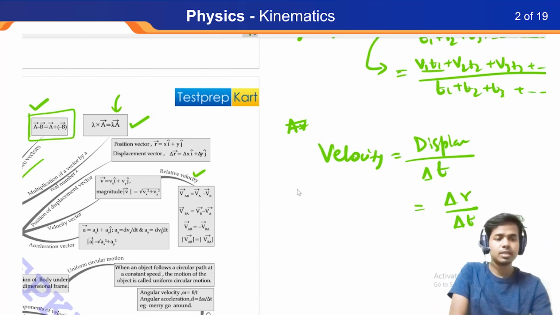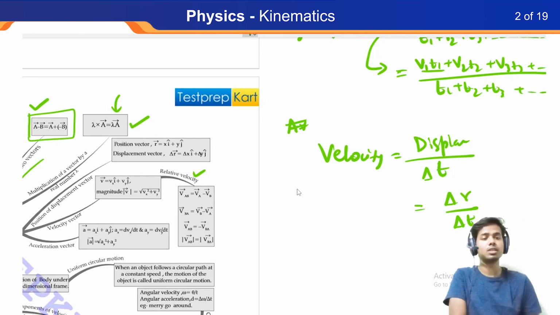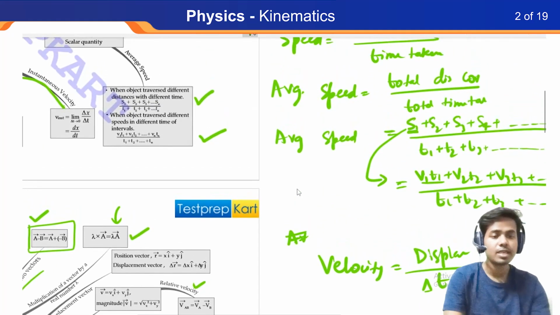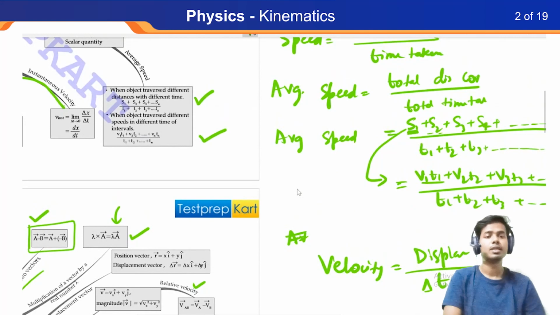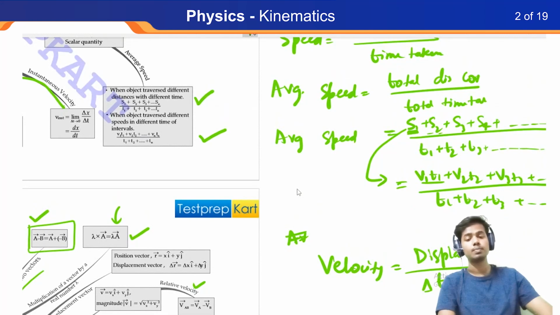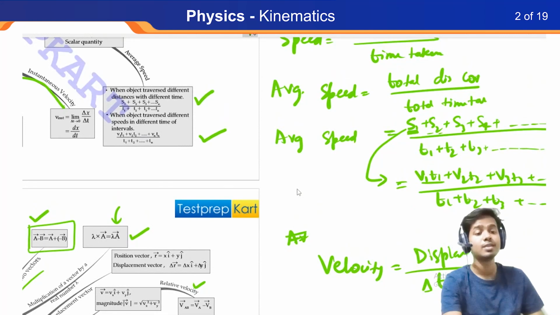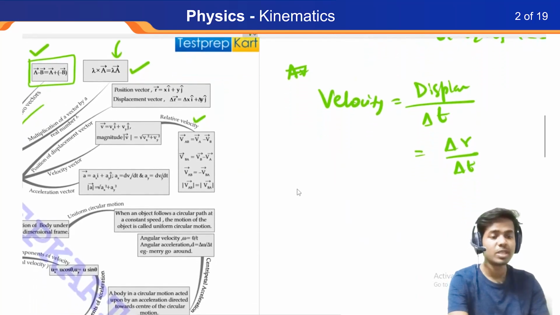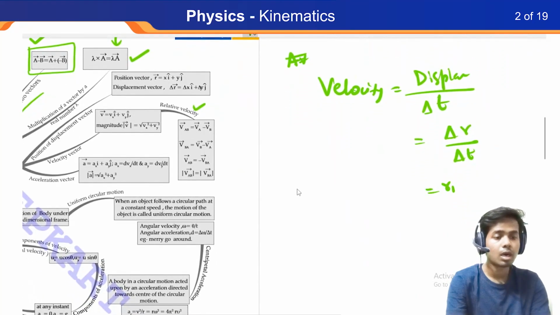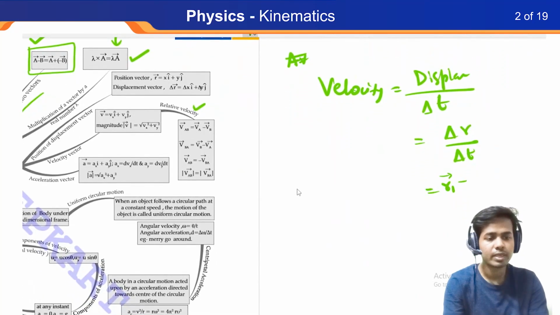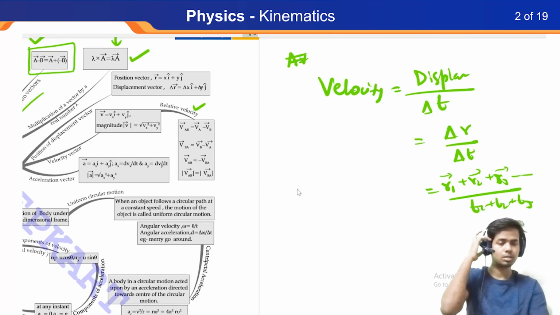Now, if you want to find the change in position vector, these were scalar quantities s1, s2, s3, but you can take the vector quantities, which are position vectors. In that case, r1 vector plus r2 vector plus r3 vector divided by t1 plus t2 plus t3, like that.